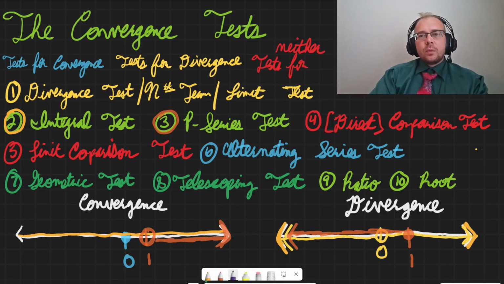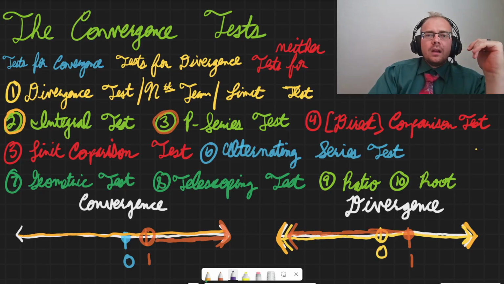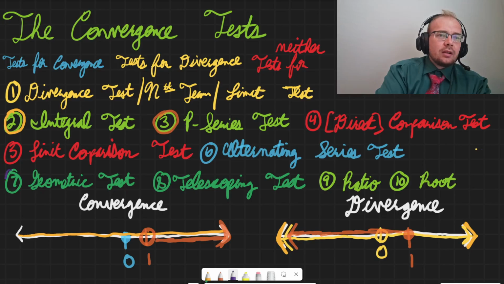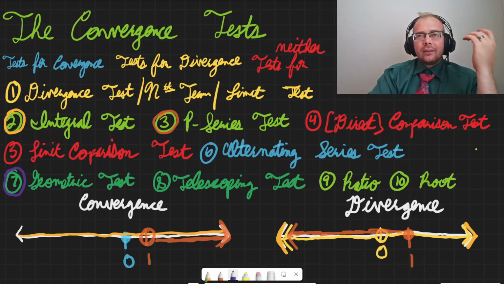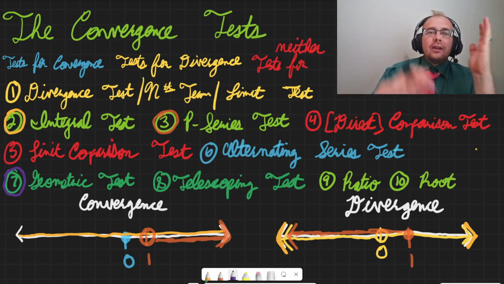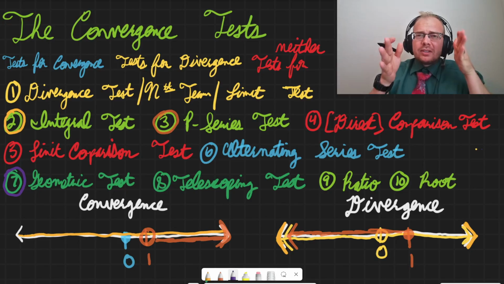All right, we're going to skip direct comparison test and limit comparison test because they don't test for anything on their own. We already did alternating series, so now we're on to geometric. For geometric, the series of ar to the k, I like to remember it as arc, like Noah's Ark. If you need an arc, I know a guy. It converges if the r value is between -1 and 1.